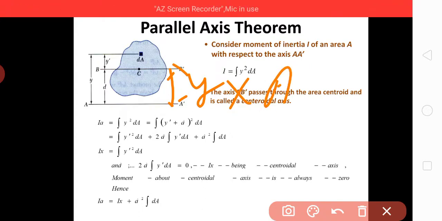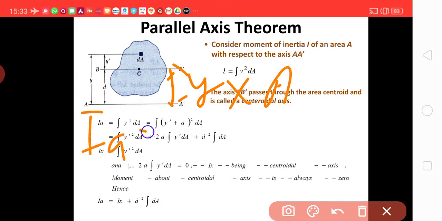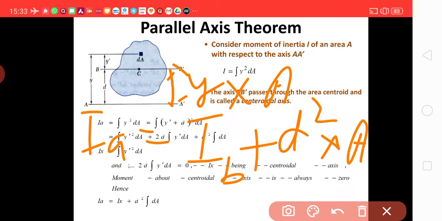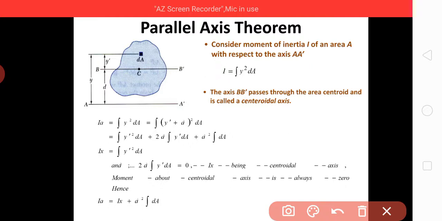For example, IA will be IB plus D square into area. This is called a parallel axis theorem. This derivation we have done in the last lecture.